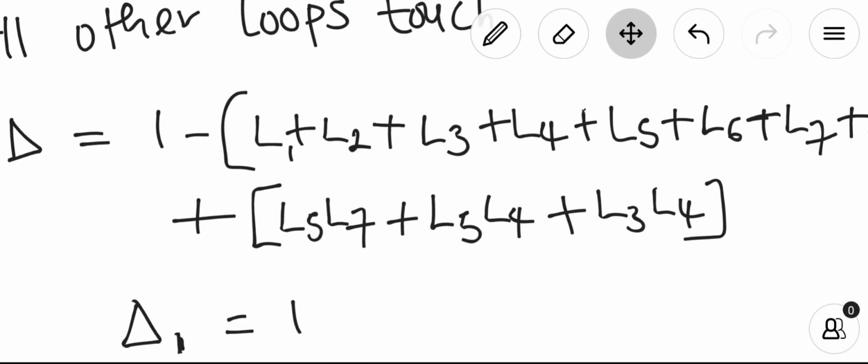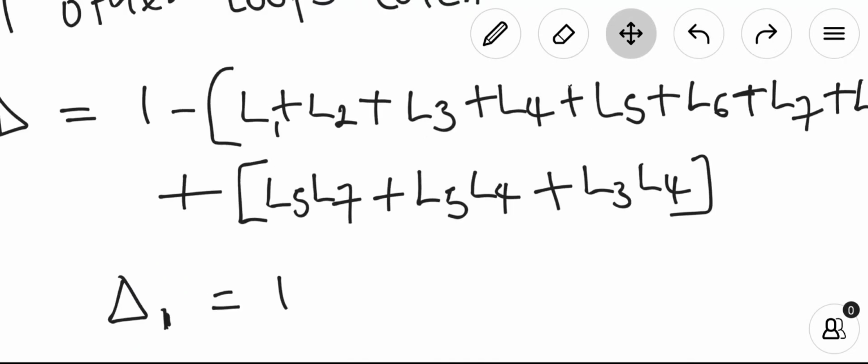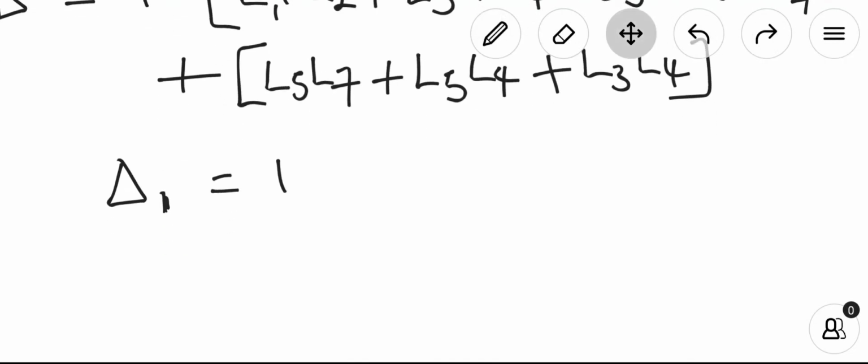From the determinant, you check the loops that are touching that cofactor path and equate them to 0. That gives you this one. But if you still don't understand, wait for the video I'm planning to make.